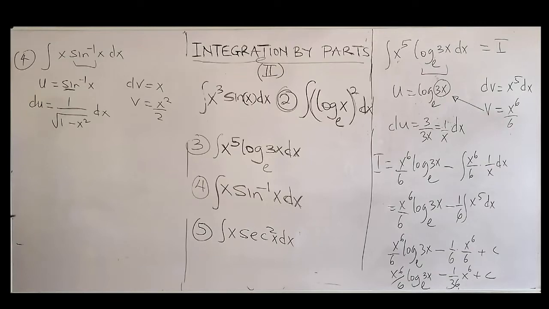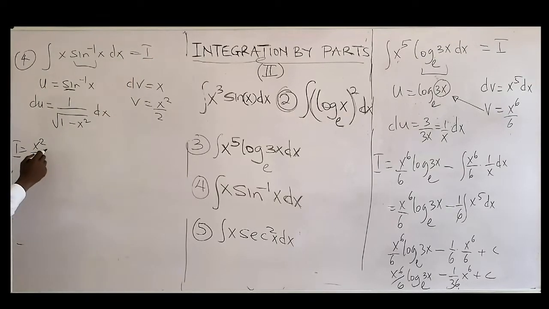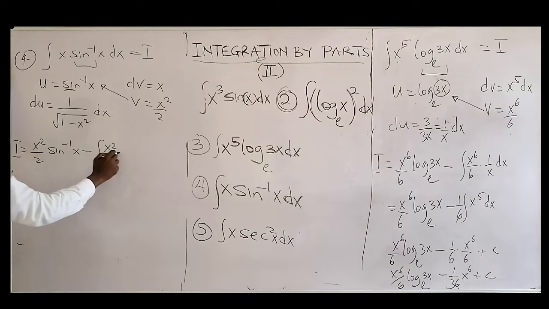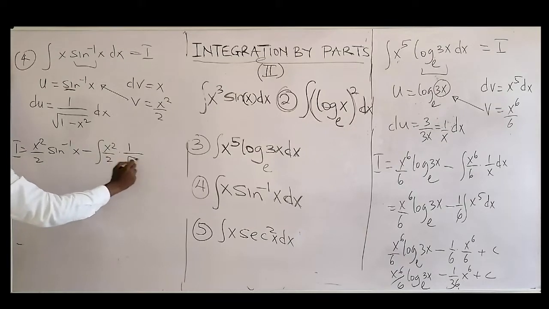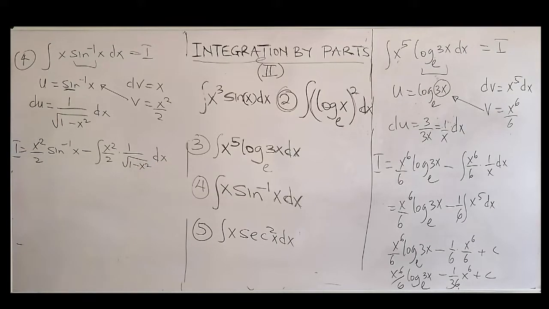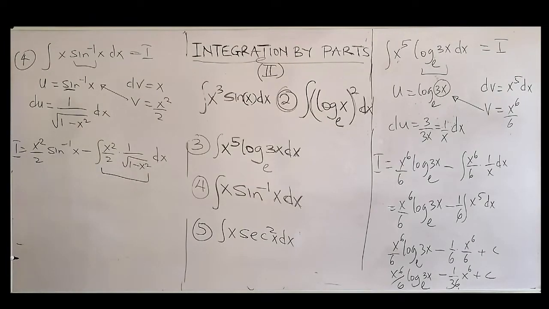So what we do now is for us to have uv, which is x squared over 2 times arcsine x, that's your uv, then minus the integral of v, x squared over 2, times the du, 1 over the square root of 1 minus x squared dx. For this one here, we're going to use trigonometric substitution.